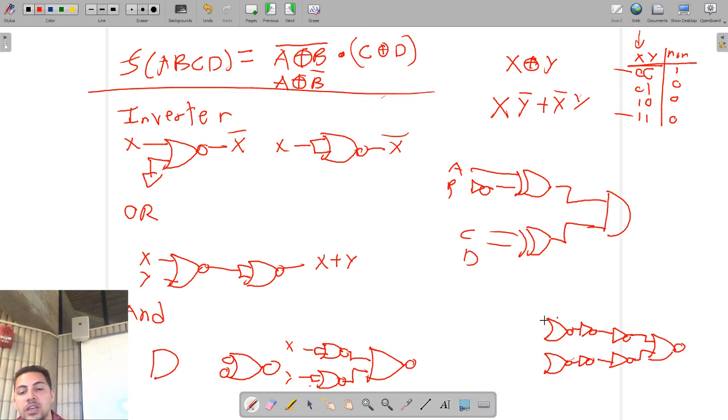And then those each go to two AND gates. And then we have each of these is an inverter. And an inverter here.